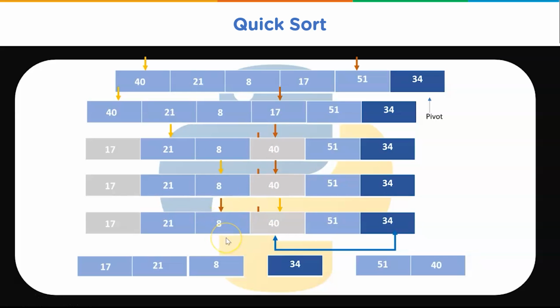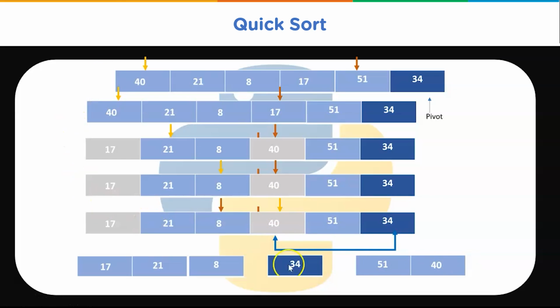Now at this point, when J has crossed I, it is the point when you need to swap the pivots. So in this case, 40 will get swapped with 34, and 34 will come in place of 40, and 40 will go to the end.